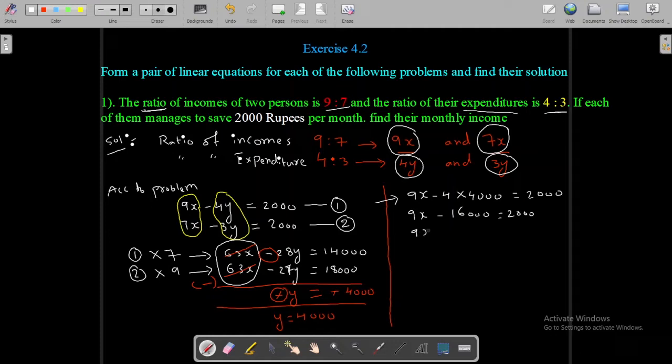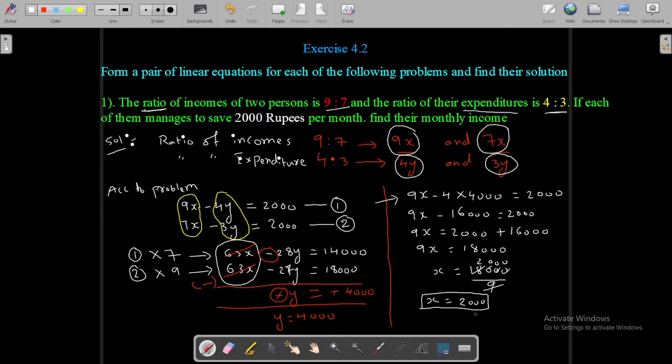So 9x is equal to, if this minus 16,000 goes this side, it will become plus. So 2,000 plus 16,000, which is nothing but 9x is equal to 18,000, or x is equal to 18,000 by 9. So I will simply write these values here. So I will be getting x is equal to 2,000.